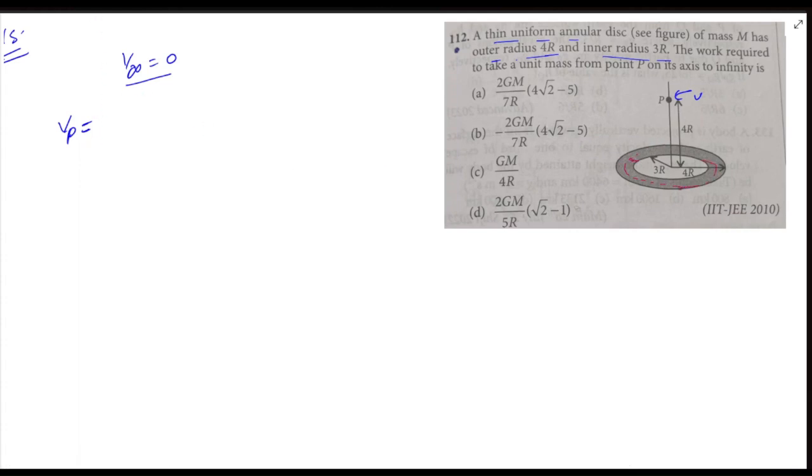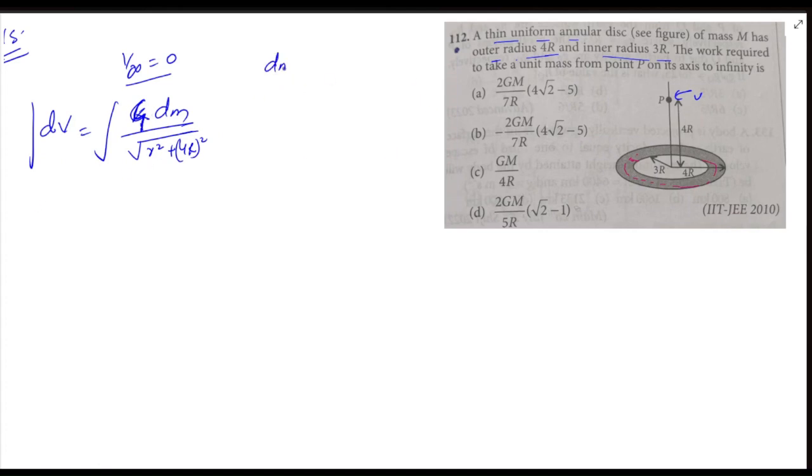So we know the potential due to a disk, so let's write dV. We will have integration of k, where k means G, the mass dm upon root of small r square plus, this is 4R, so 4R the whole square, right?